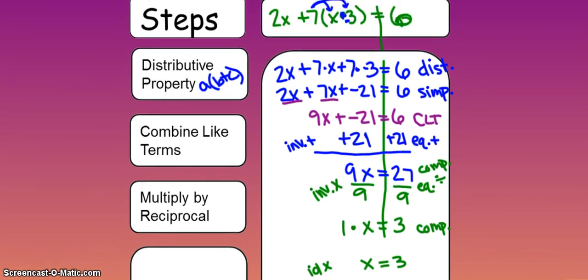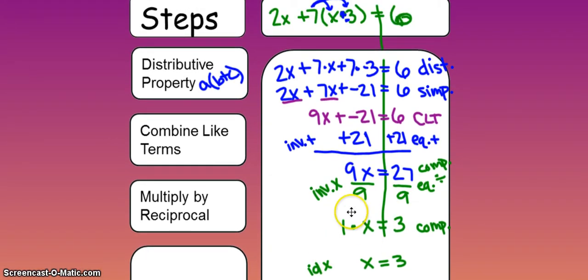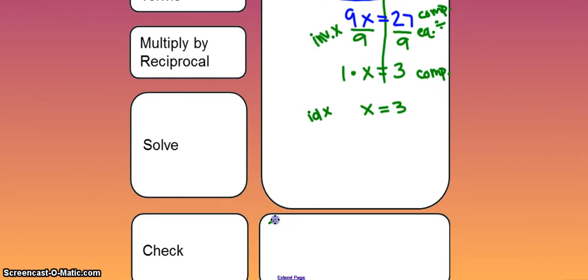Alright, remember when we do our check, because now we should be done there, x equals 3. We're going to go all the way back up to this one. So we have 2x plus 7 times x minus 3 equals 6. We're going to plug in 3 for that.